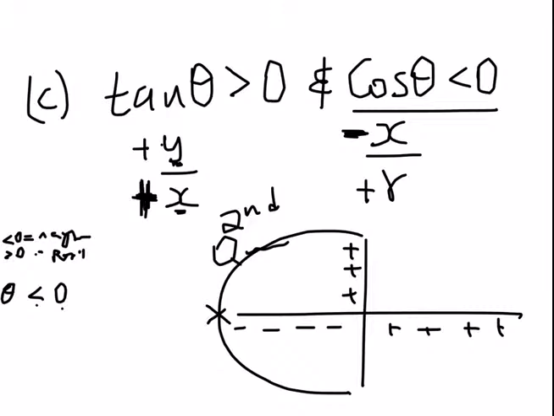We can't put a positive x there because we said this one is the one that forces that x to be negative. So the x will remain negative. But for us to have a positive, we are forced to also have a negative y value, because negative over negative is positive. Then this is the quadrant we are going to look at, and it falls in the third quadrant.